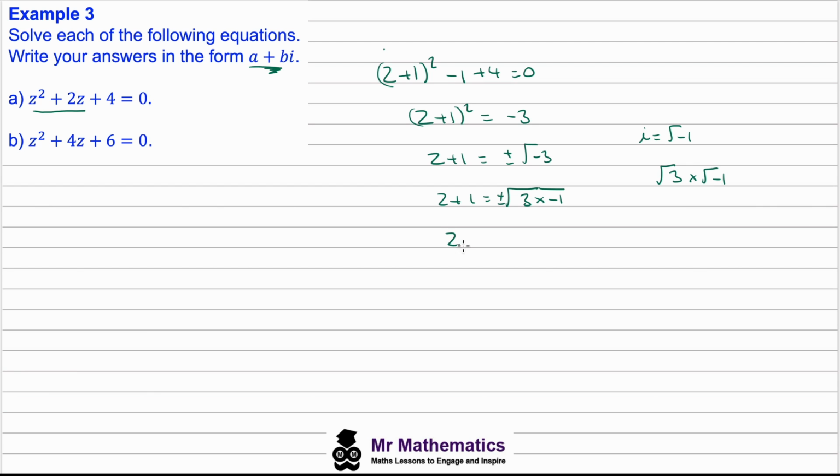And then we get z is equal, moving this 1 to the other side, negative 1 plus or minus square root of 3 times i. So in this case, this a here will equal negative 1, and b will equal the square root of 3.